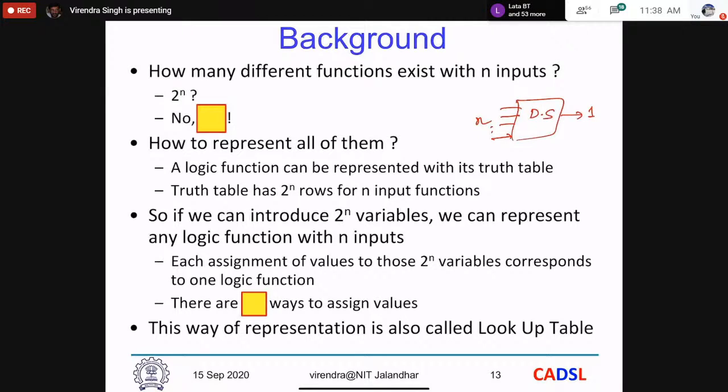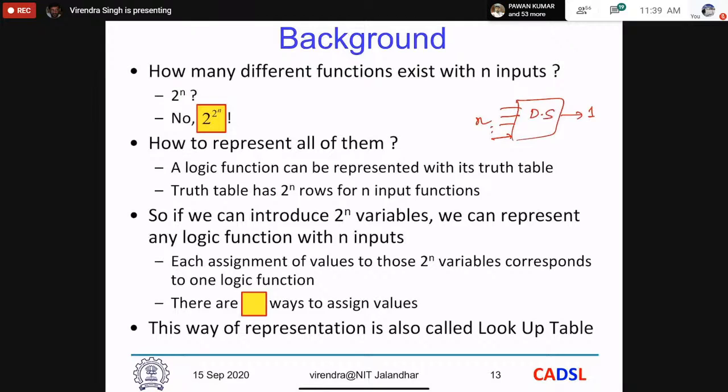Sir, I think it's 2 power n. I mean, the number of functions we can represent using the n variables. Now, a logic function can be represented by a truth table.